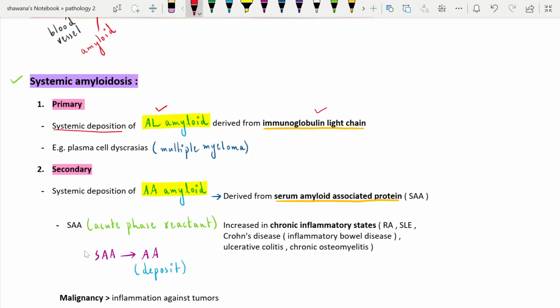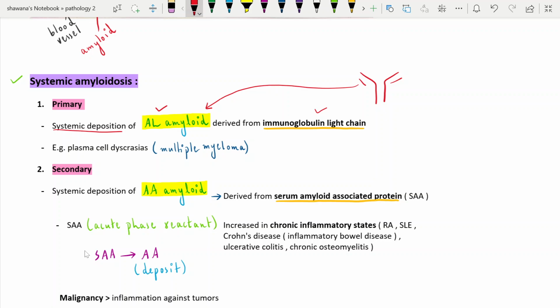As you know, an immunoglobulin has two heavy chains, and on the sides of the heavy chains the immunoglobulins have the light chains. So this AL amyloid is derived from the light chain of immunoglobulin, and it is deposited in the systemic tissues.